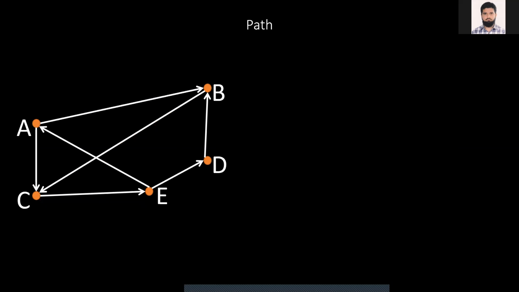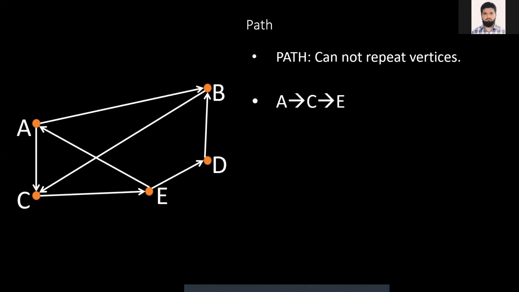Now we have the definition of a path. A path is a walk that cannot repeat vertices. So you can say that every path is a walk, but not all walks are paths.